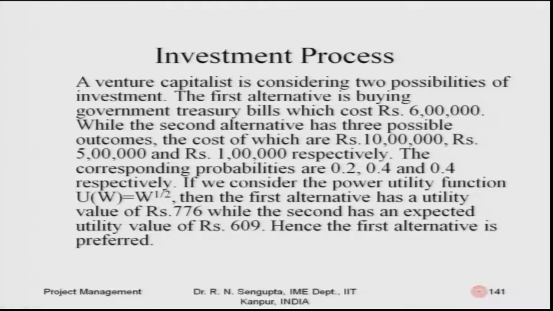For the second decision, it will be a sum of 3 terms: the first w value squared multiplied by 0.2, then 5 lakh squared multiplied by 0.4, and the third one 1 lakh squared multiplied by 0.4. You can find it accordingly and compare them.